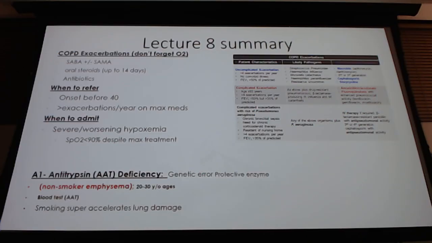Maybe they'll have a relative that died in their 40s from something respiratory related. So that'll be your hints for that one. Alpha-1 antitrypsin deficiency. And it's a blood test. Not a good one to get, but something we need to suspect when patients are presenting like COPD, but they're only in their 20s.